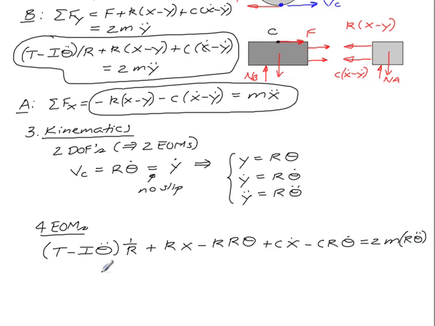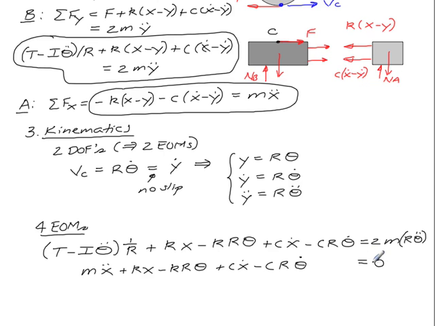Our second equation is m x double dot. I'm going to bring the damping and stiffness terms over to the same side. So it's going to be a plus kx, a minus ky, which is r theta, I have a cx dot, and a minus cy dot, so that's c r theta dot, like that.